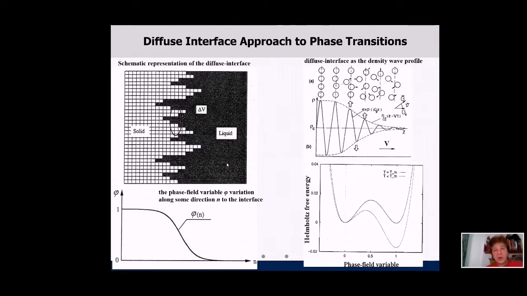So, how can we characterize it? We can characterize it macroscopically by the order parameter phi, and this order parameter changes from 0 at the metastable phase to 1. On the microscopic level, we have a transition from a completely disordered state.